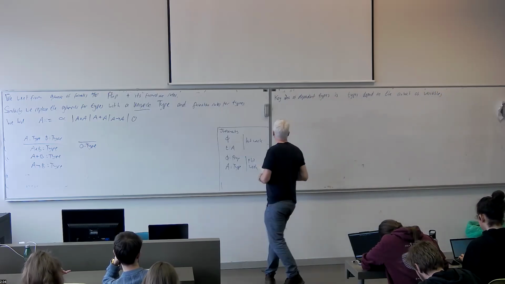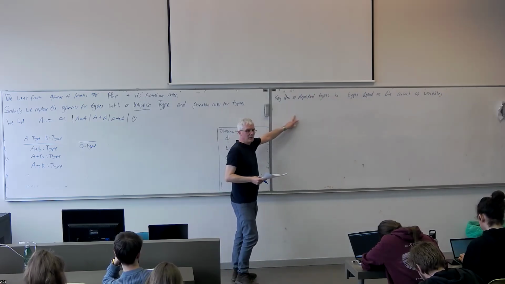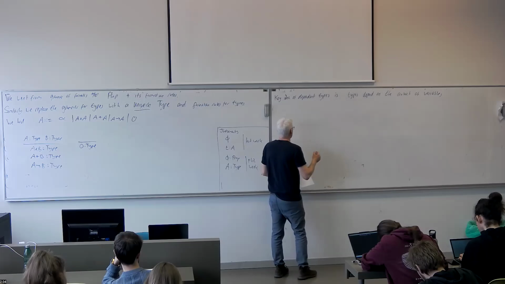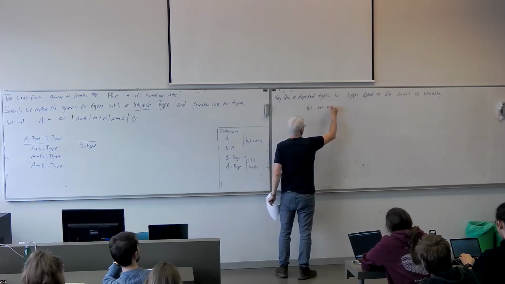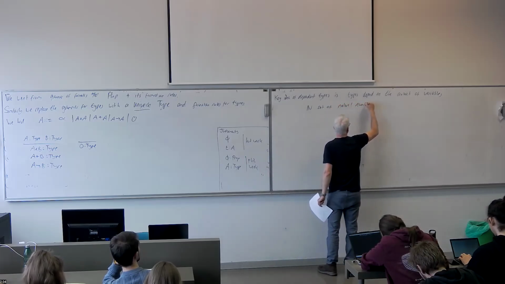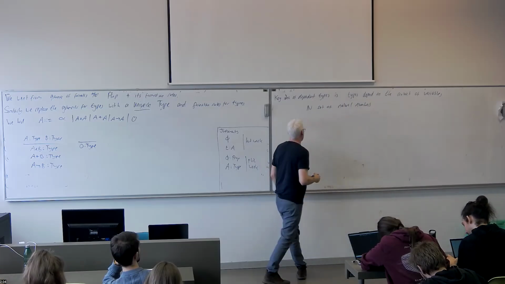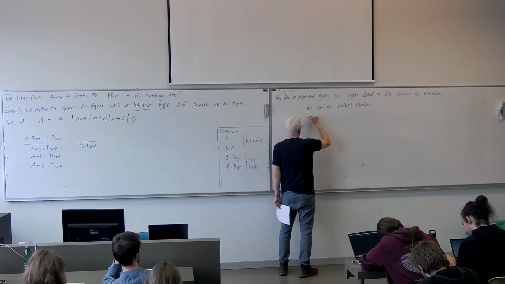So an example in some mathematical notation would be something like this. Consider that N is the set of natural numbers, and we can consider, if we like, the set of lists of natural numbers.